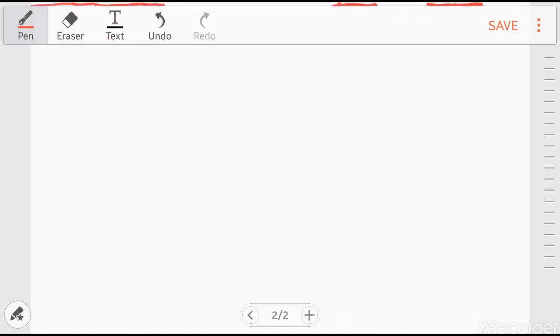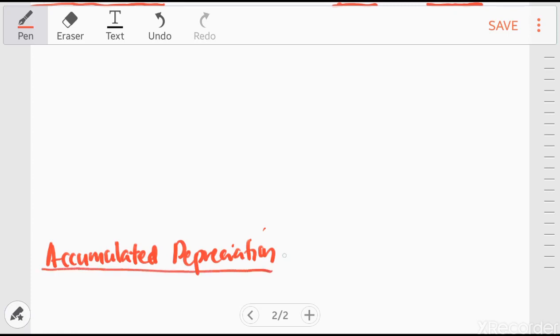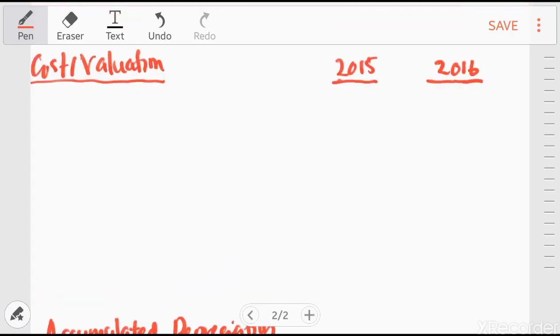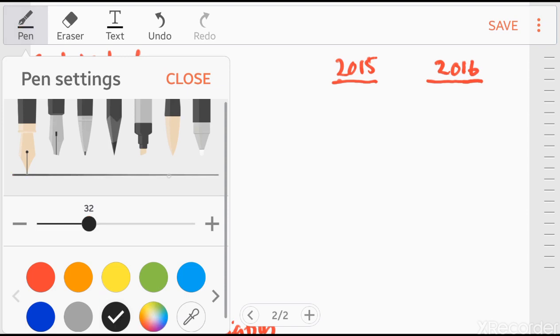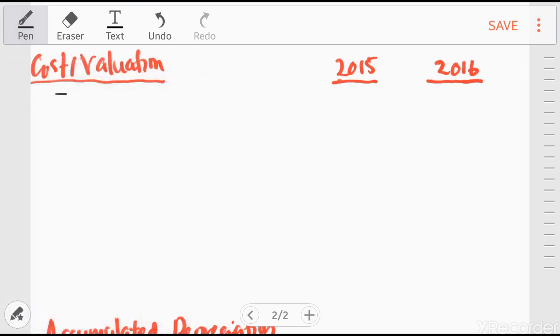And at this bottom part here, I have my accumulated depreciation section. Okay, let's start. At the beginning of the year, the balance brought down 1st of January 2015.